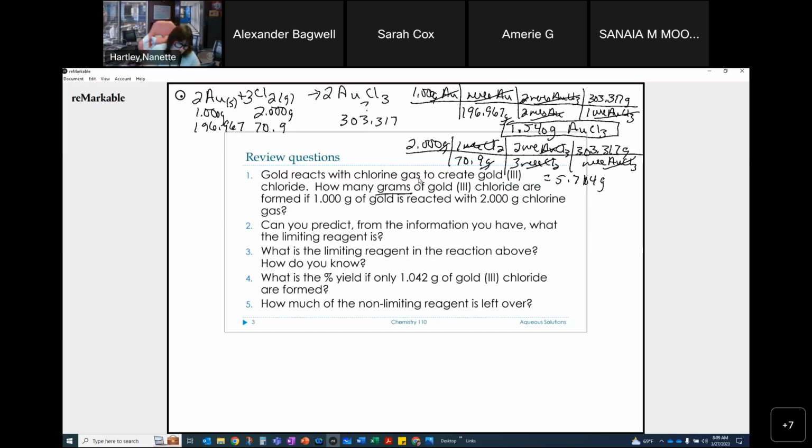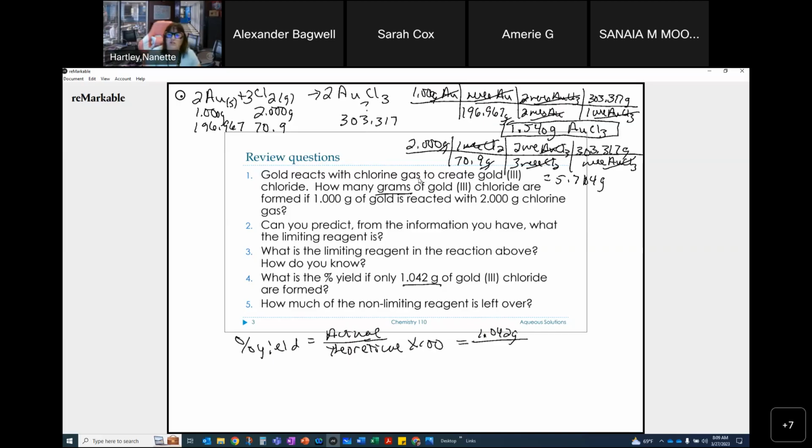And what is the percent yield if only 1.042 grams of gold 3 chloride is formed? Okay, so my percent yield calculation is my actual yield over my theoretical yield times 100. Now the actual yield is this right here, the 1.042 grams. That's how much I actually made.